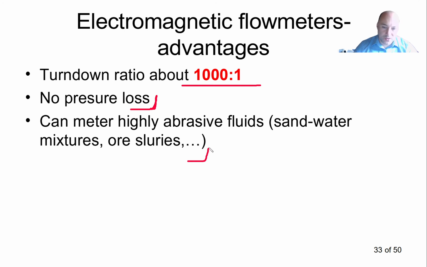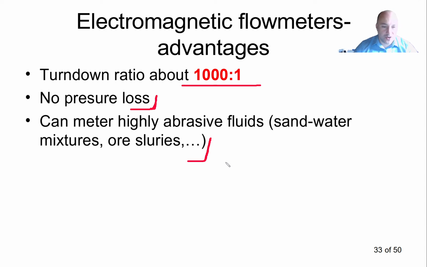And since we measure the conductivity, and there is nothing that could be mechanically damaged in the flow meter, this electromagnetic flow meter is suitable also for highly abrasive liquids.